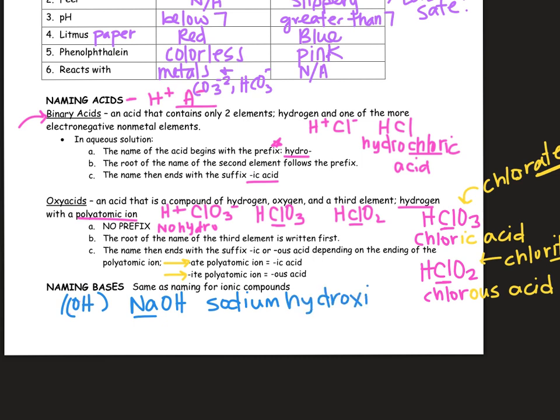Or let's say I've got Ba(OH)2, right? So that's 2 because barium's a +2, it's group 2. So it'd be barium hydroxide. So there's nothing really special with the bases other than their normal name. But acids do have a special naming system that you do need to know and be aware of.